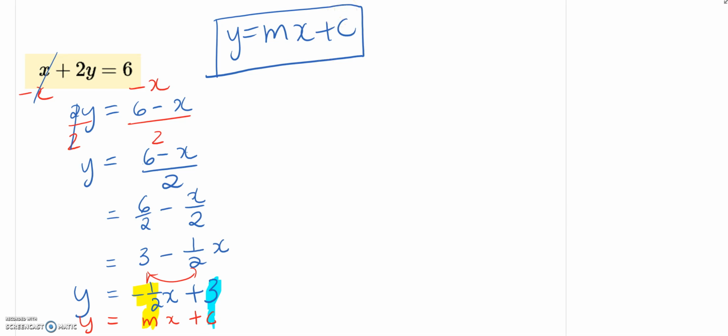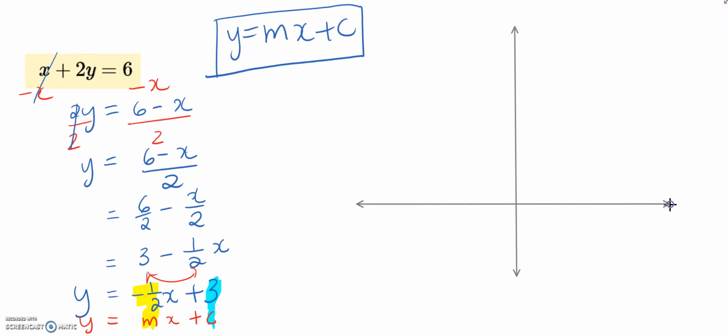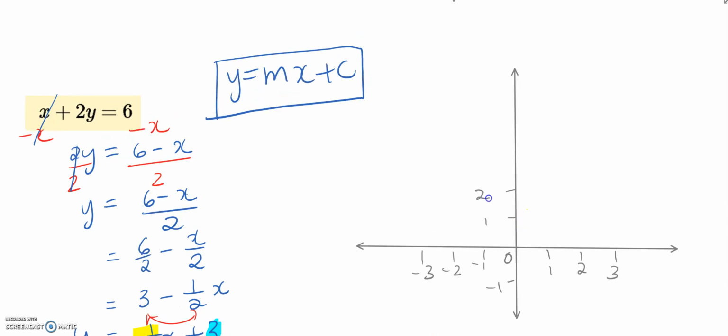All right, now let's plot this. Again, let's draw our axes. Okay, let's add the points. Where's our starting point?